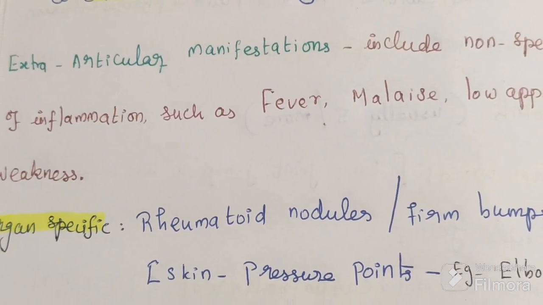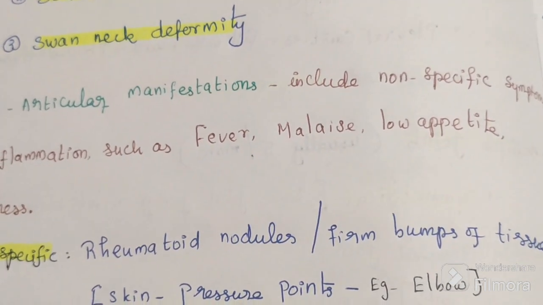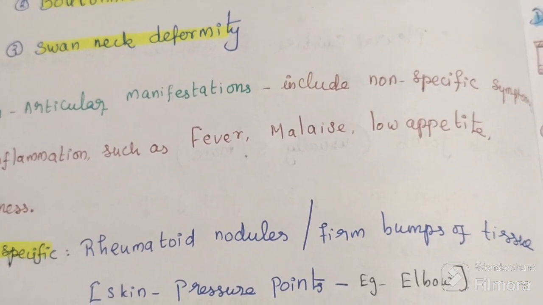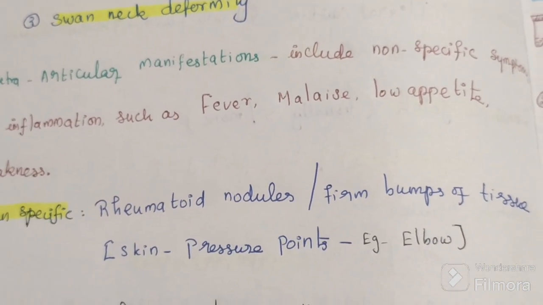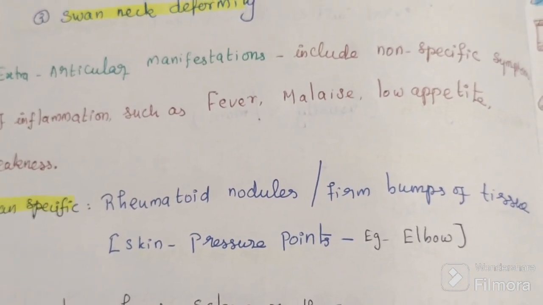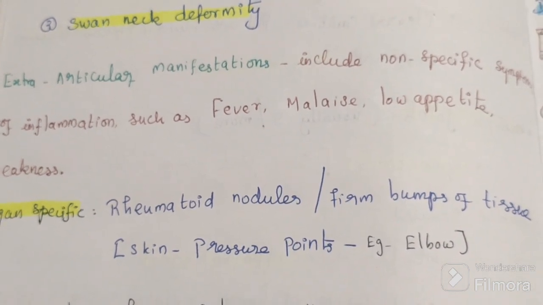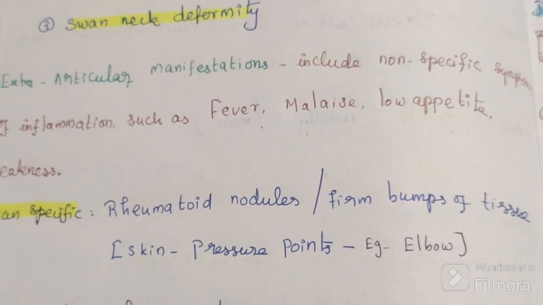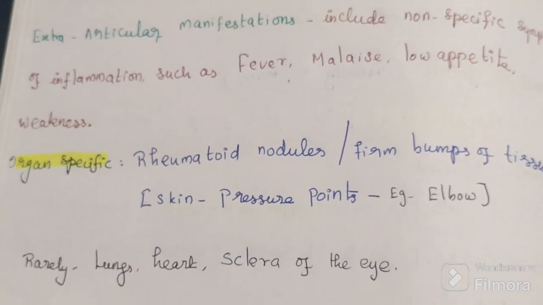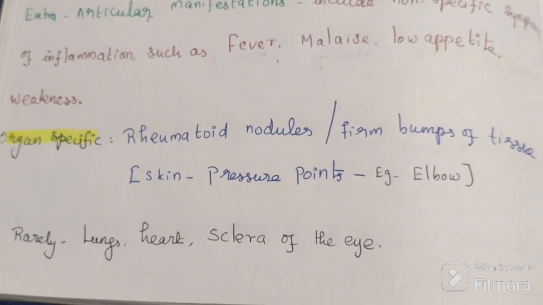Extra-articular manifestations include non-specific symptoms of inflammation such as fever, low appetite, malaise, and muscle weakness. Organ-specific manifestations include rheumatoid nodules, or firm lumps of tissue, most common in the skin around pressure points such as the elbow, and more rarely in the lungs, the heart, and the sclera of the eyes.